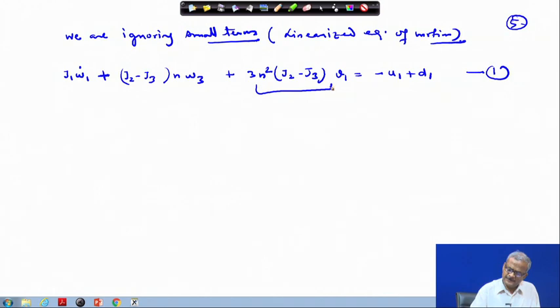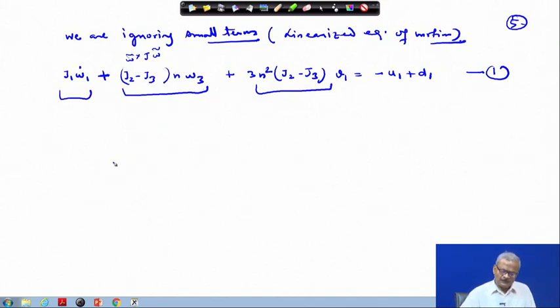This is the gravity gradient term that we have brought to the left hand side, and this is the term omega tilde, which is appearing from omega tilde cross j times omega tilde. So, small terms we have neglected here.